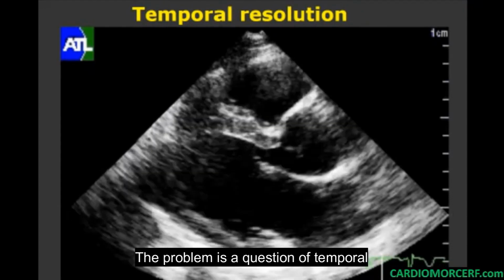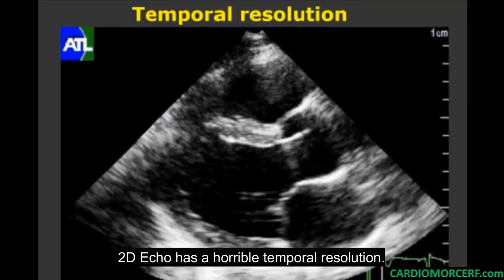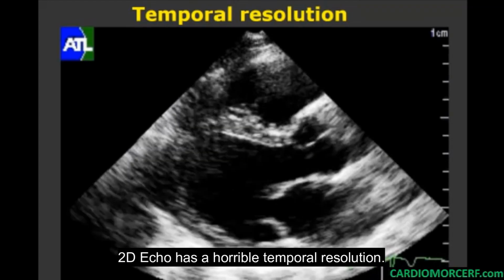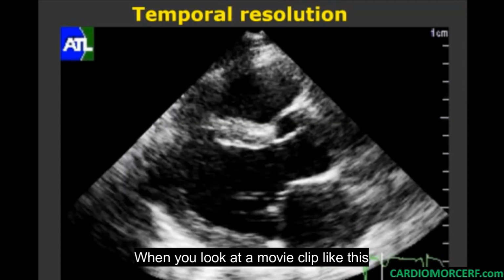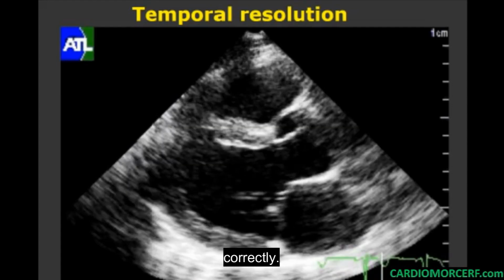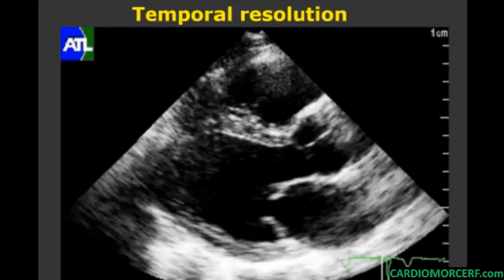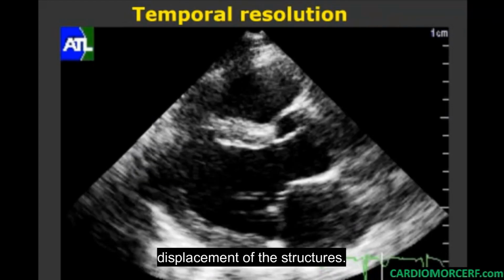The problem is a question of temporal resolution of echocardiography. 2D echo has a horrible temporal resolution. When you look at a movie clip like this one, it seems that everything is moving correctly. One thinks that there is a uniform displacement of the structures.